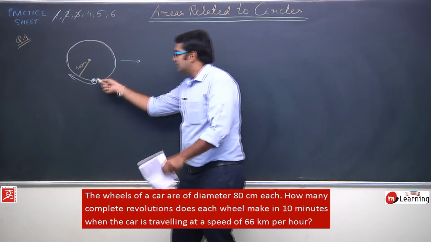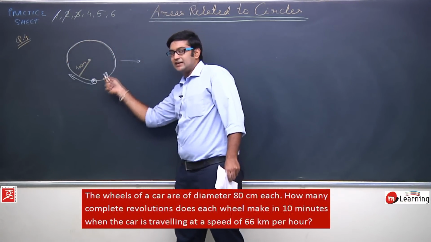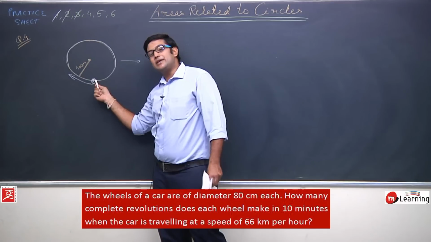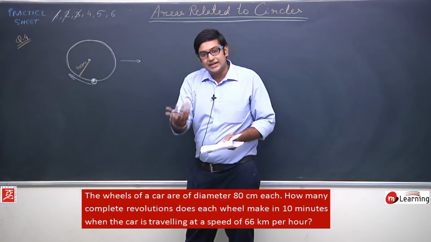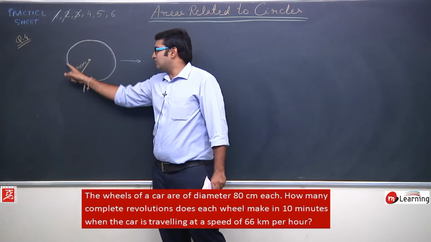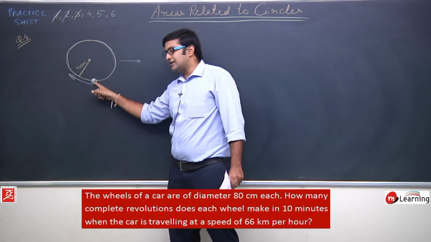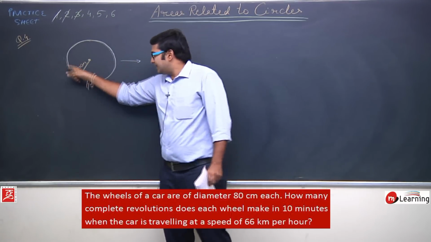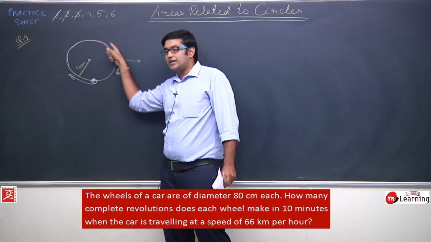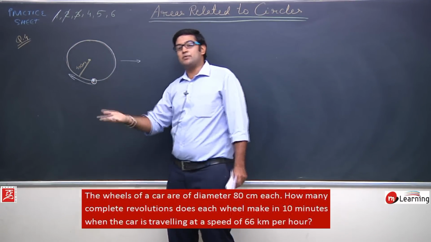If this mark travels this distance and comes back to the same point, one revolution is completed. For the second revolution, this mark will again move like this and come to the same position. Then the second revolution is completed. Then again this mark will go from this point and come back to the same position.